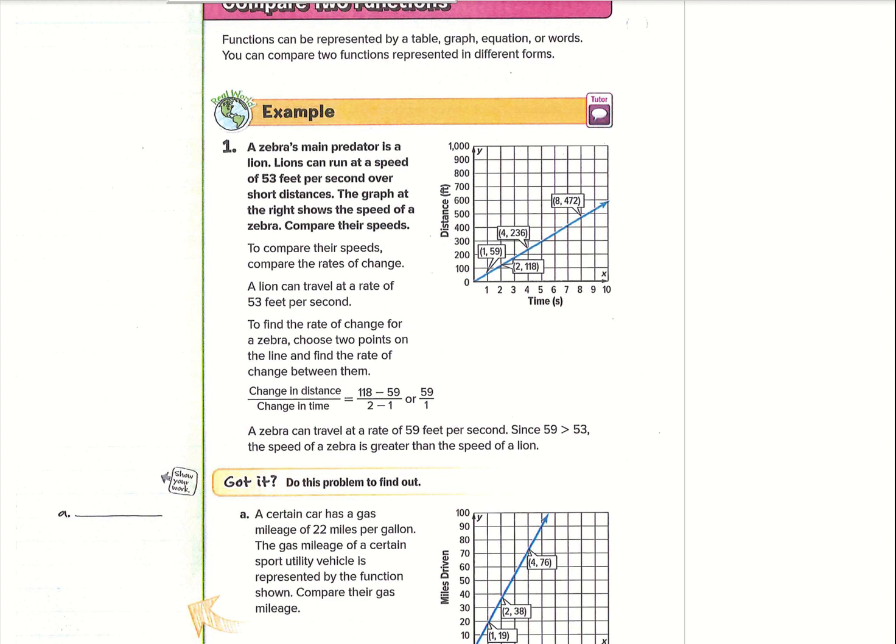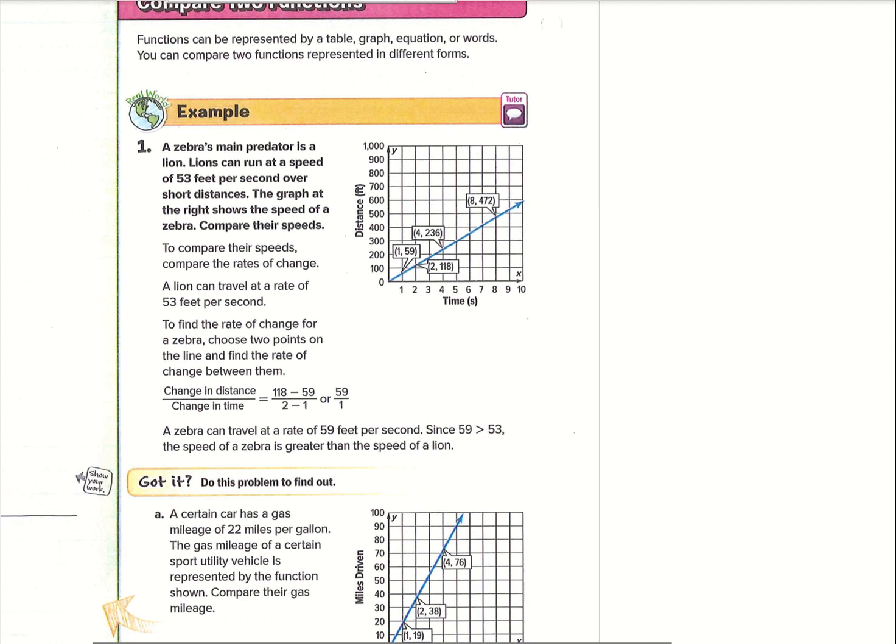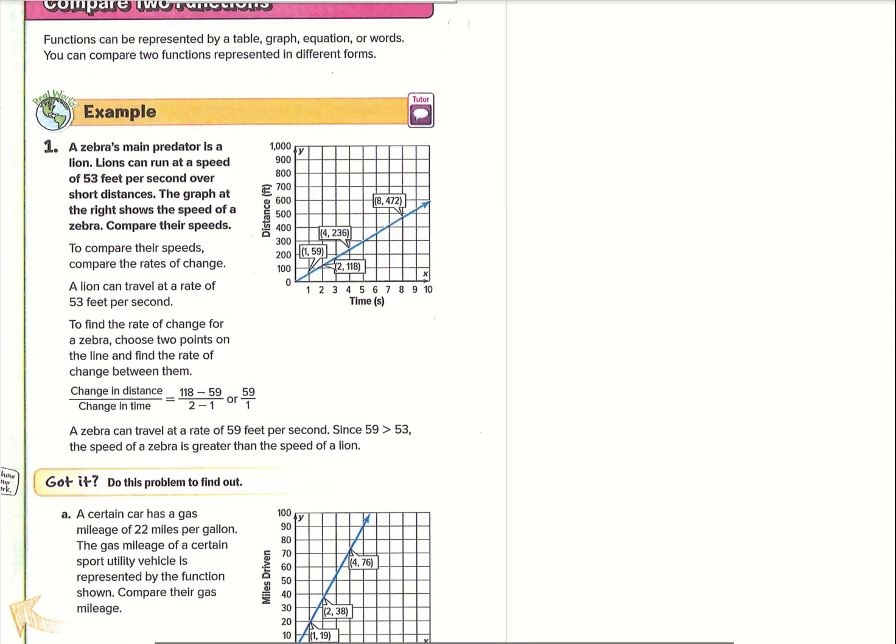As a reminder, rate of change is another way of saying slope. They already tell us in the words that the speed is 53 feet per second for a lion, but we need to find it for a zebra. With a zebra, we can look at the graph, find the points that they have here and use our slope formula.